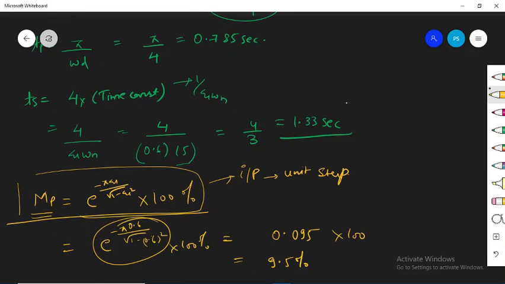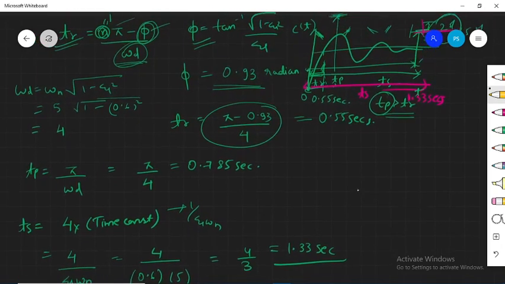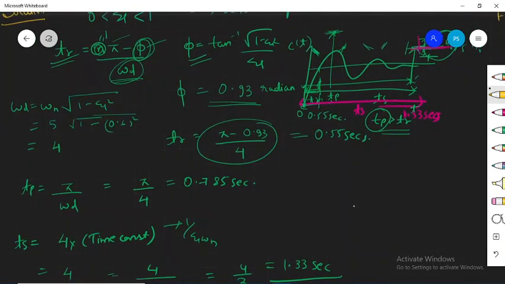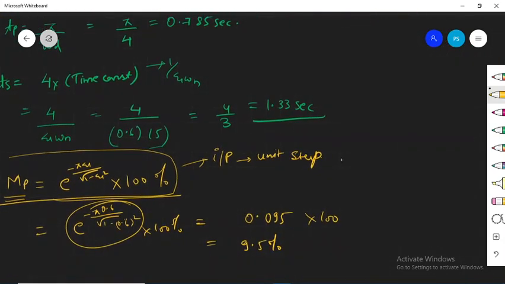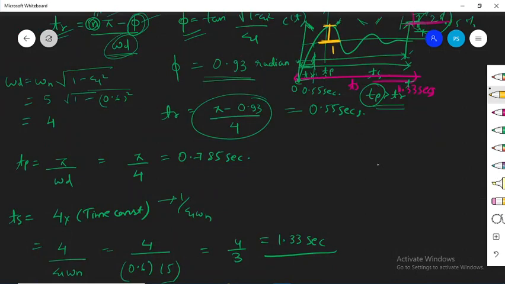Now this maximum overshoot that we have got is calculated from the final steady state value. Final steady state value is 1. So the magnitude of the maximum overshoot is 0.095.